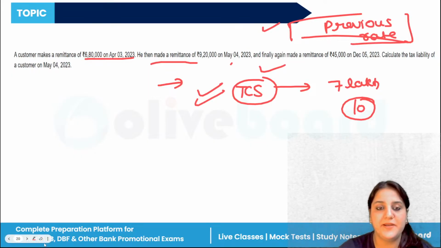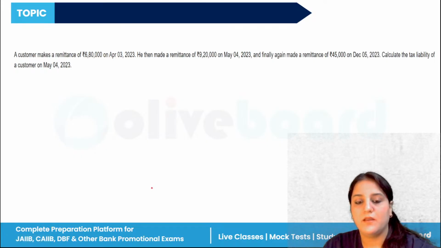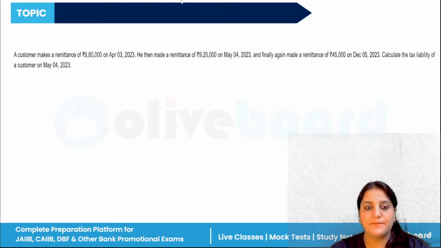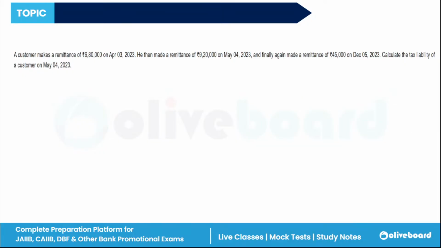So just make the remittance here. There is a customer who makes the remittance. How to calculate? See, it is simple. We have to start the question. First remittance of 6,80,000 is exempted, right?